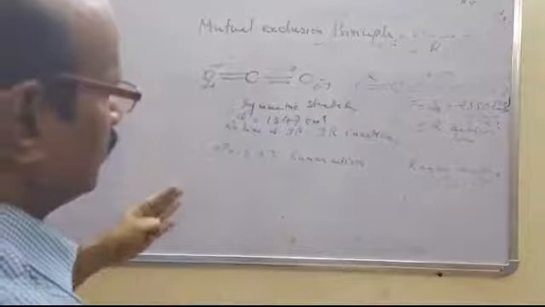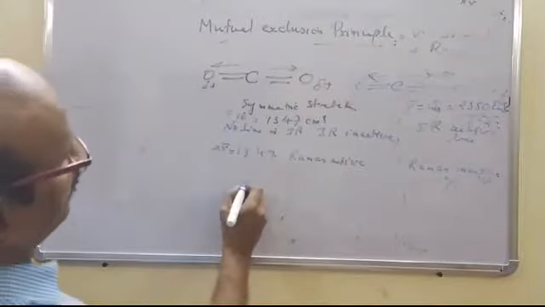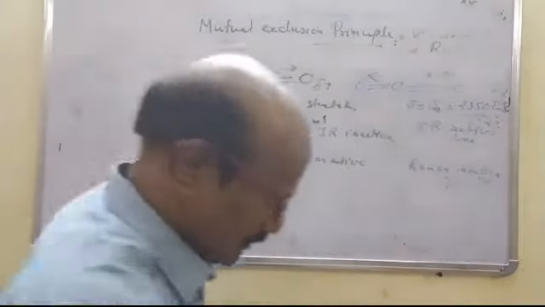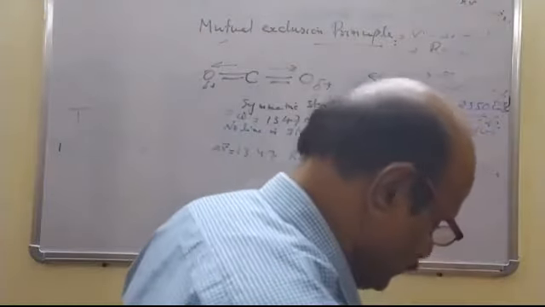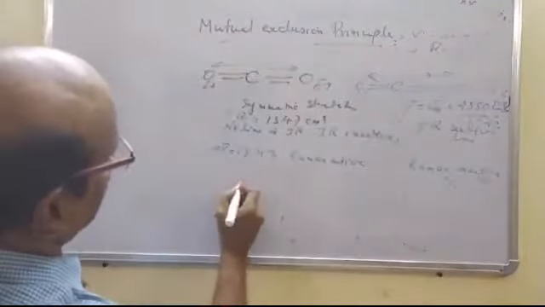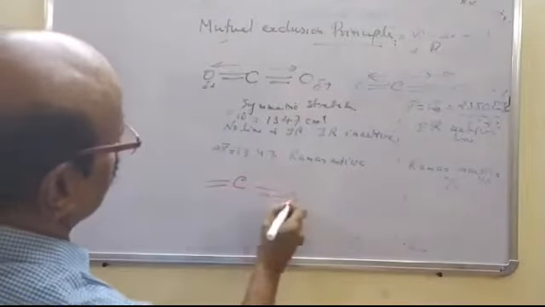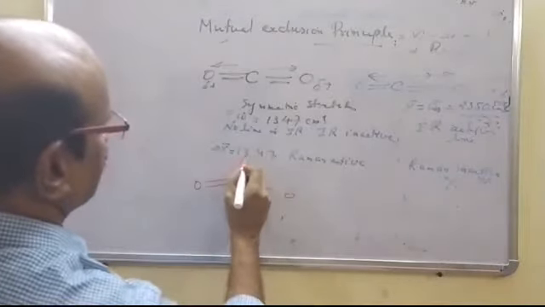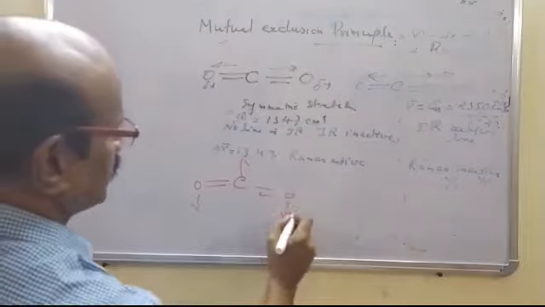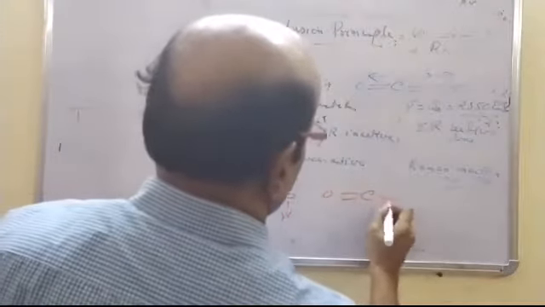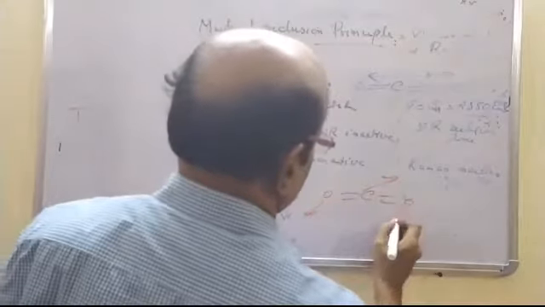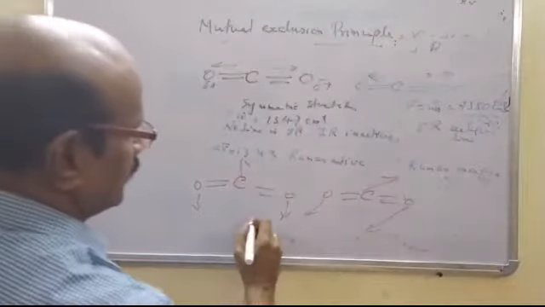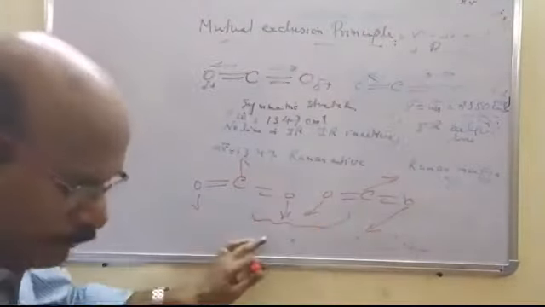Similarly, under bending vibration of carbon dioxide, you are seeing a bending vibration like C double bond O, C double bond O. ഇങ്ങനെയുള്ള വൈബ്രേഷൻ ആയിരുന്നു ഇതും. These two vibrations are called degenerate vibrations.